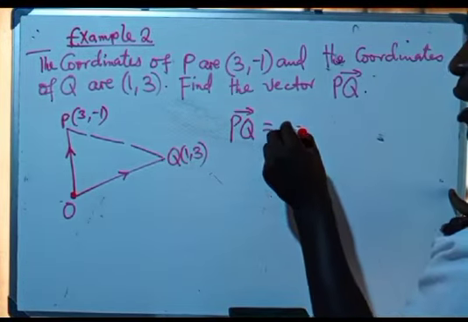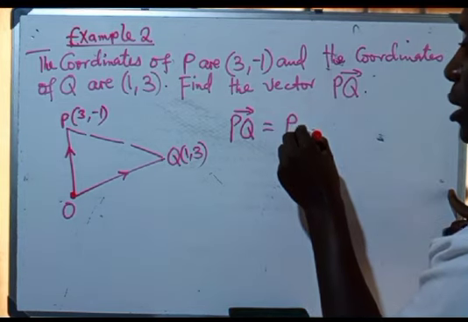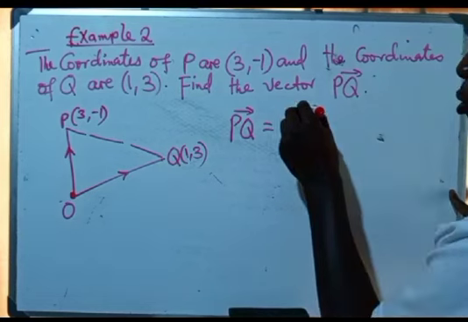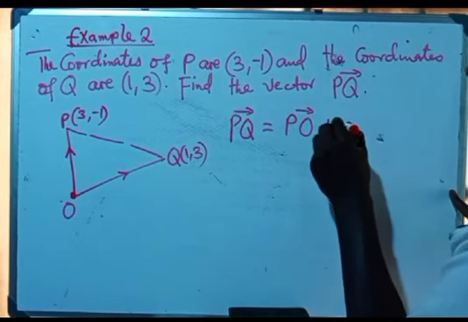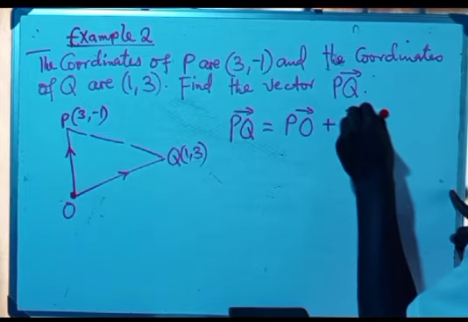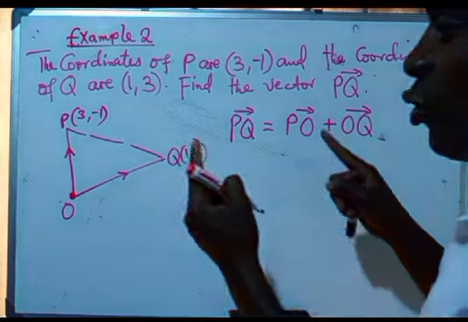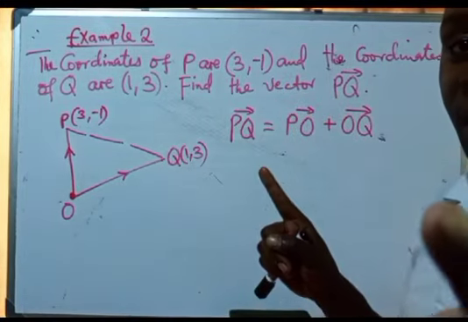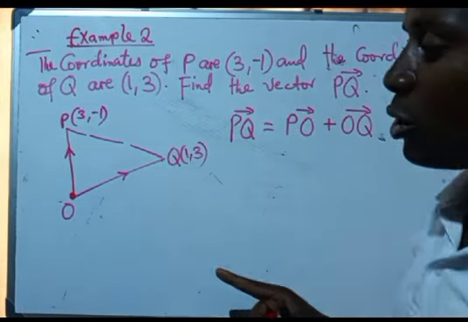We have to write PO plus OQ. Now, do we have PO? The answer is no. Why am I saying no?